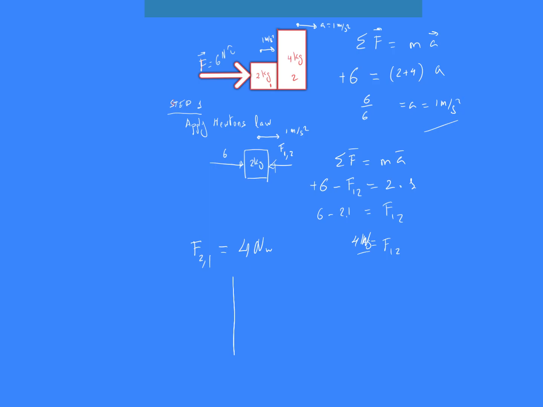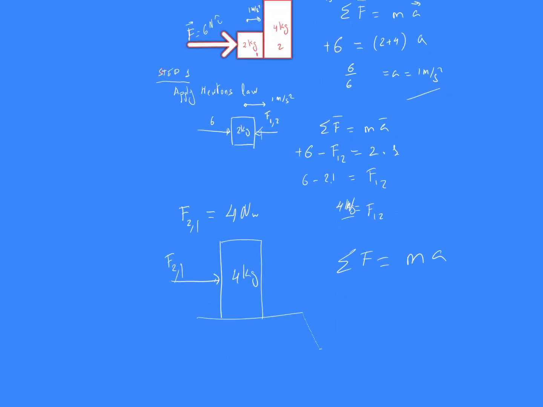So let's see if everything is being coherent. Now I have the object of 4 kilograms. What is the force acting on the object of 4 kilograms? Well, the force F21, the force acting on 2 due to 1. So we'll apply Newton's law. The sum of all the forces is the mass times the acceleration.